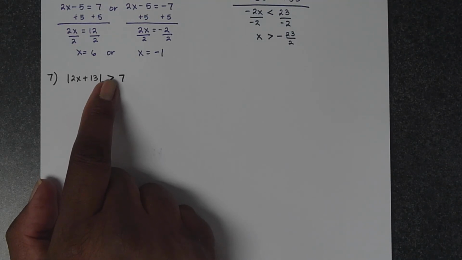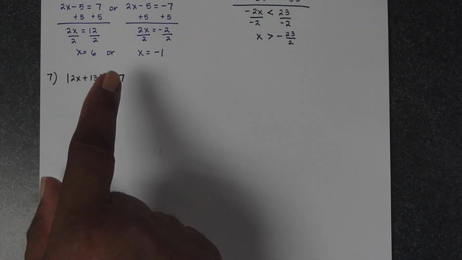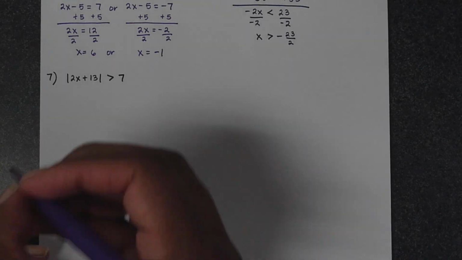Anytime you have greater than or greater than or equal to, you're going to write this as two separate inequalities. However, if you have less than or less than or equal to, then you'll have to write this as a compound inequality. Since we got greater than in problem number 7, we're going to write this as two separate inequalities.